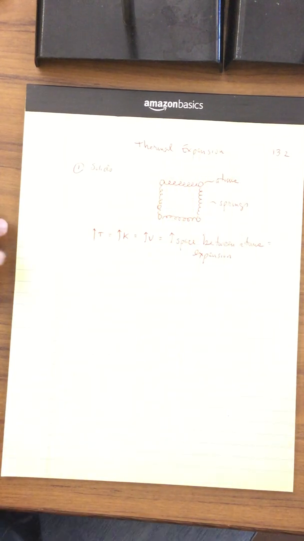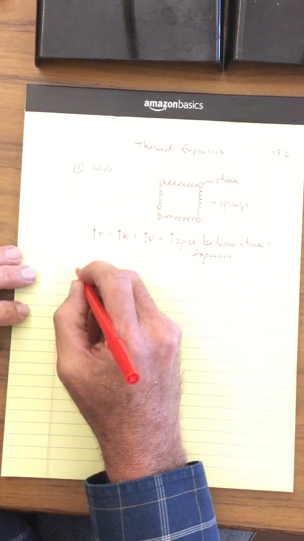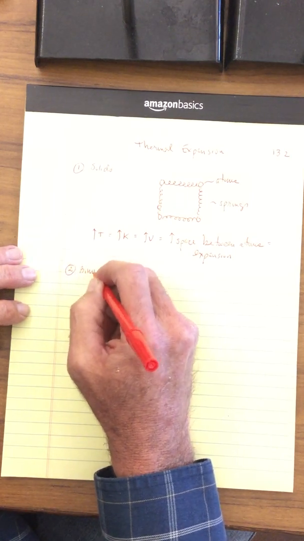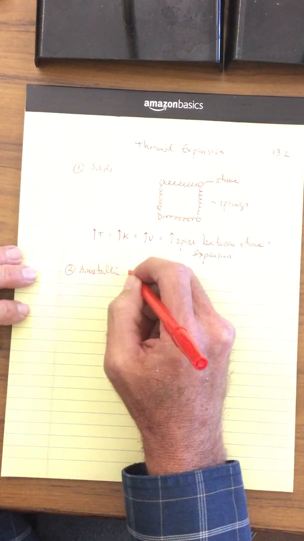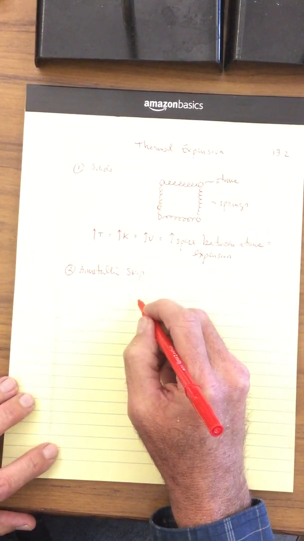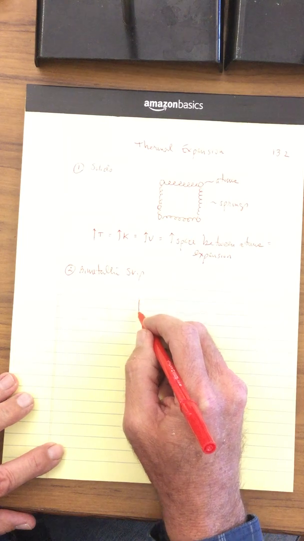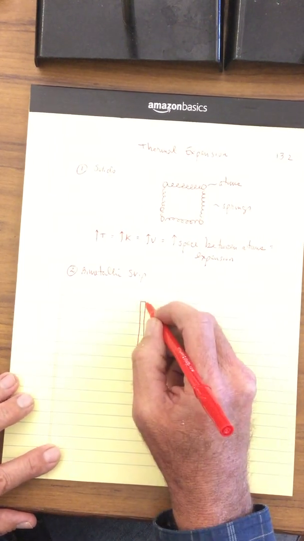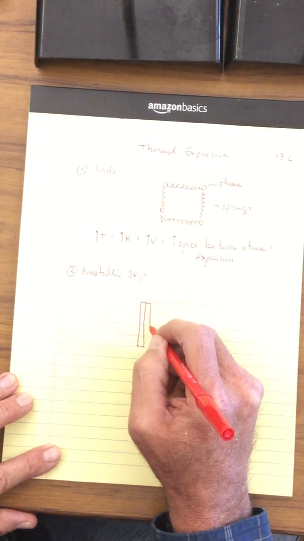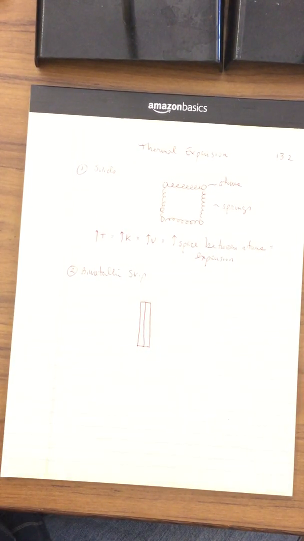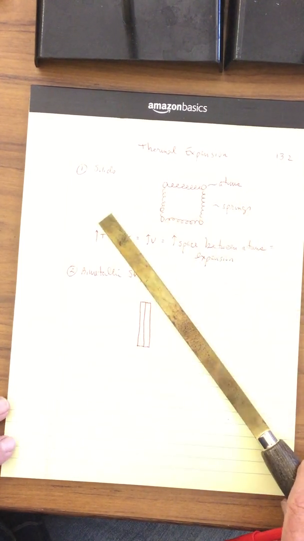So why did the bimetallic strip bend? So looking at the bimetallic strip. Well, imagine that you have, again, these two metals sitting side by side like this. We have, this looks like copper.